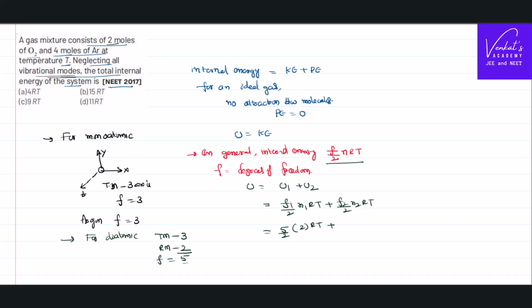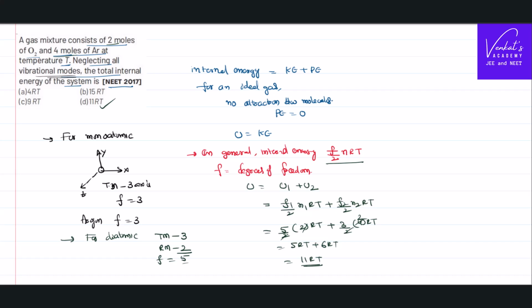F2, being argon, has 3 degrees of freedom, and the number of moles of argon is given as 4, RT. So this becomes 5 RT, and 3 times 2 is 6 RT. 5 RT and 6 RT is 11 RT. So the answer for your problem is 11 RT.